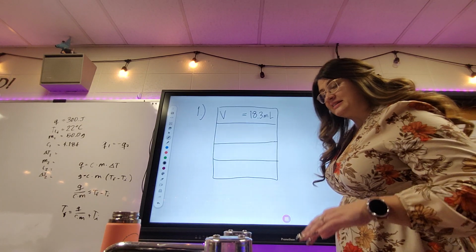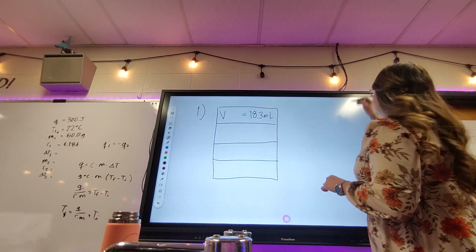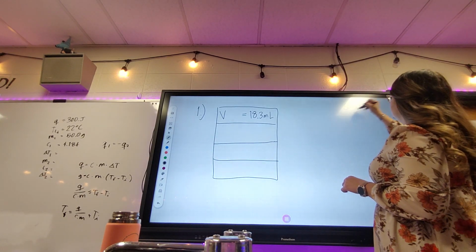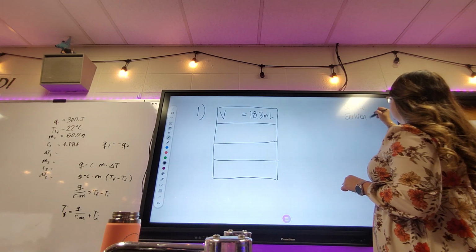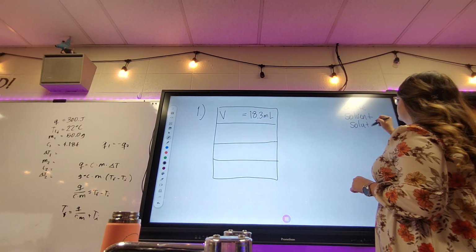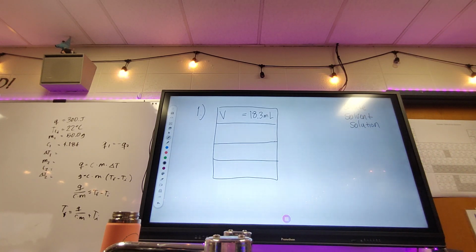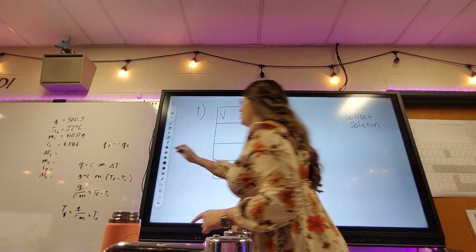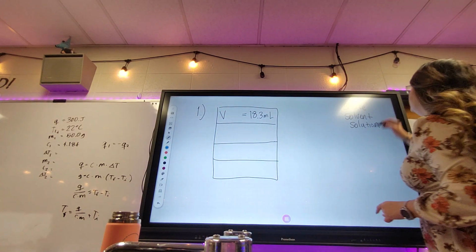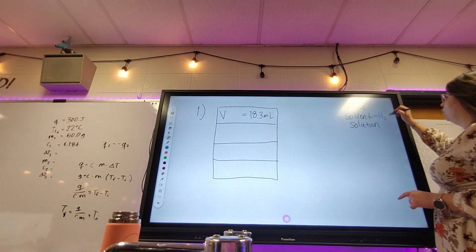So now I need to decide if this is volume of solute, solvent, or solution. Okay, the solvent in all of these problems is always going to be water.